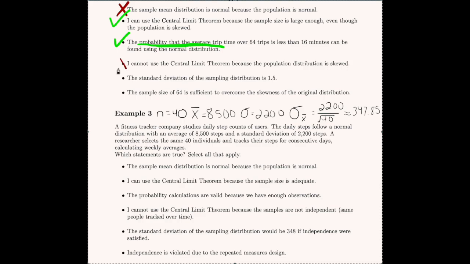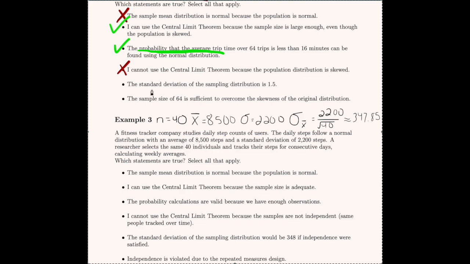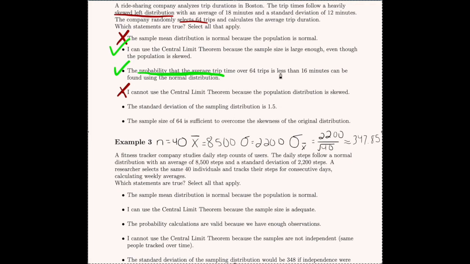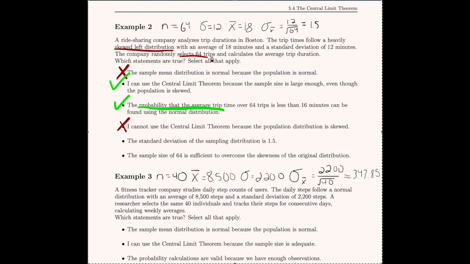Okay, the next statement says, I cannot use the central limit theorem because the population distribution is skewed. That is false. The next statement says the standard deviation for the sampling distribution is 1.5. Let's check. So we identified in the scenario that the sample size is 64. The population standard deviation is 12. The mean is 18.